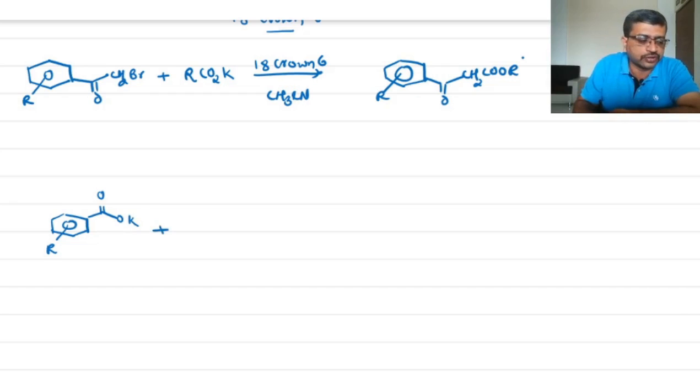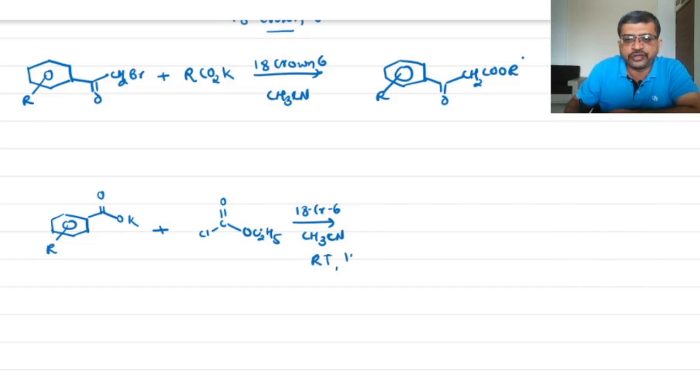Similarly, we can use this for synthesis of anhydrides. The potassium salts of acids, when reacted with acyl chlorides in presence of 18 crown 6, which we can write in a short form like this, in presence of solvent acetonitrile at room temperature, the reaction is brought about in 1.5 hours to give us the anhydride.